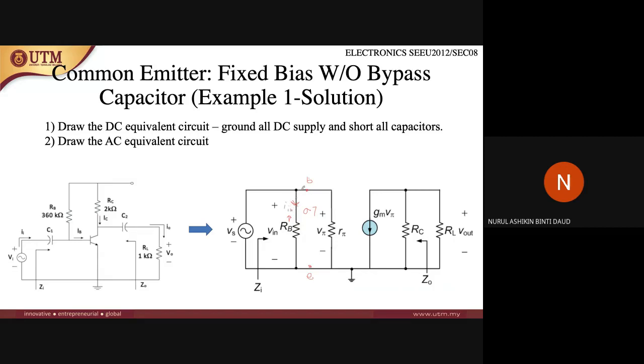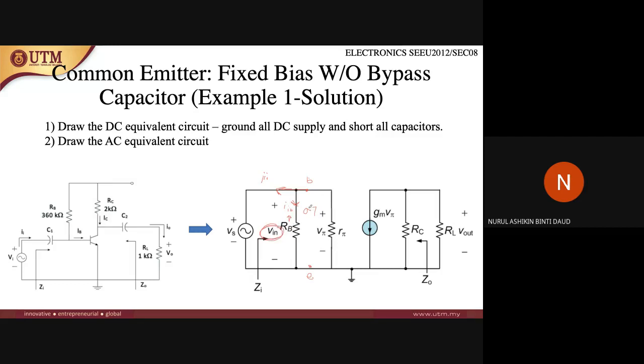Once you get these two currents, we can find the value of II. Once you get the value of II, then we can find the value of V in, right?